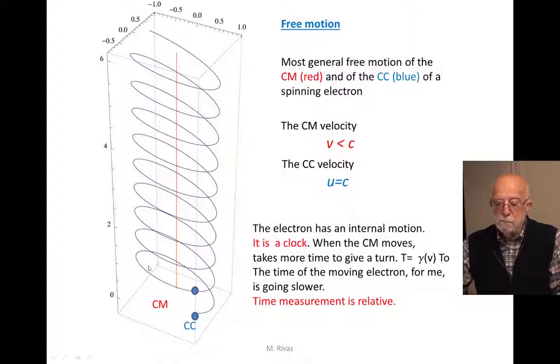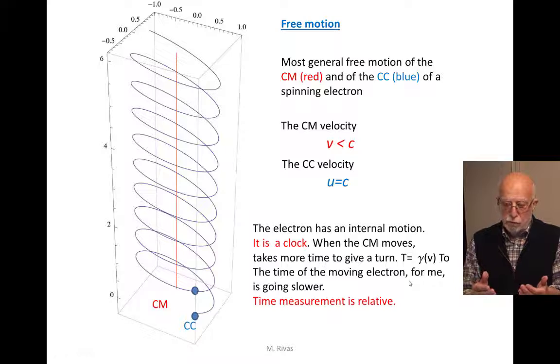The length of this path is larger than the length of the path when the center of mass is at rest, because in both cases this path is followed at the same velocity c. This takes more time to do this path. In fact, the time in this case, capital T, is gamma of v, the relativity factor, times the time for the center of mass observer.